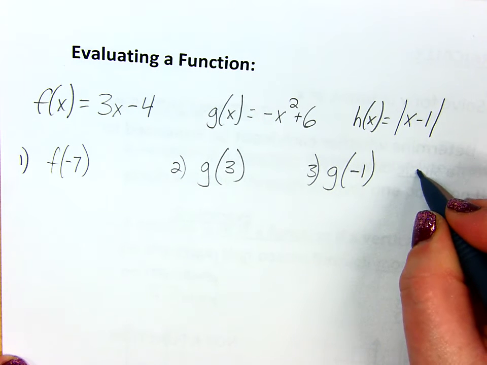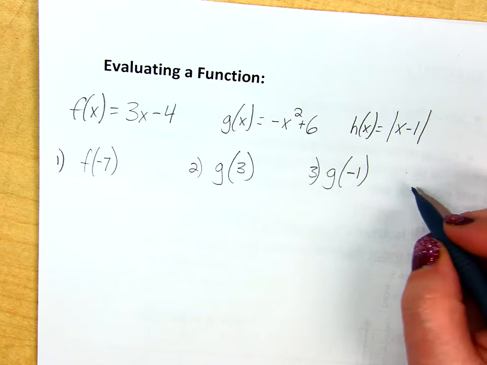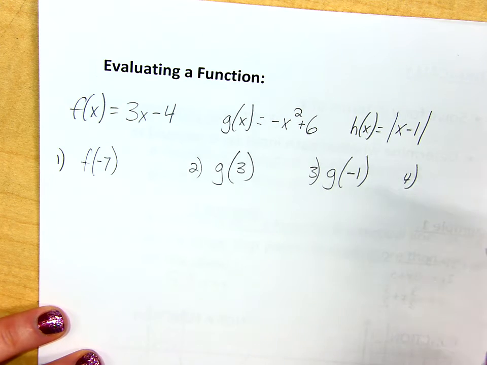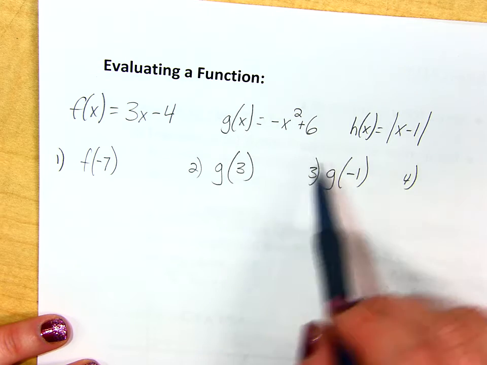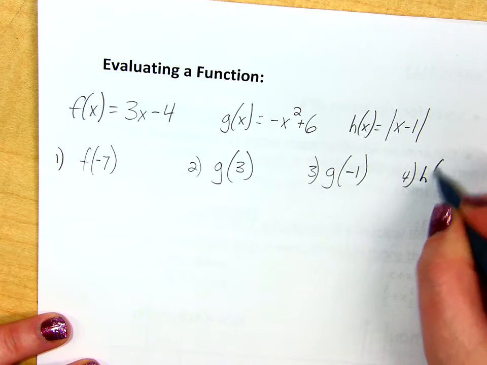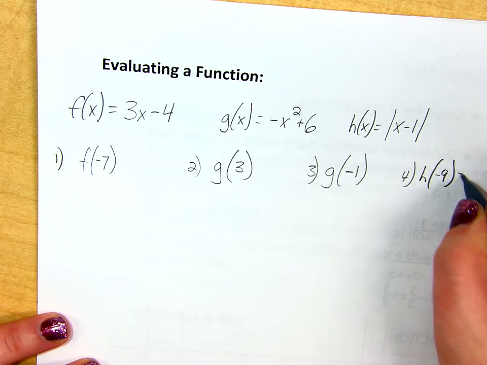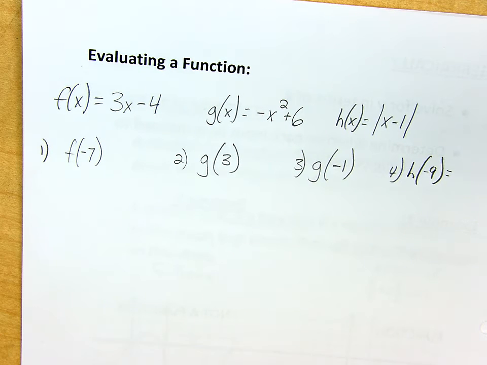And I'll stick a fourth one in here. Is the third one supposed to be H? Two G's? I want 2 g's, yeah. Then let's do h of negative 9. Okay, so give these 4 a shot.